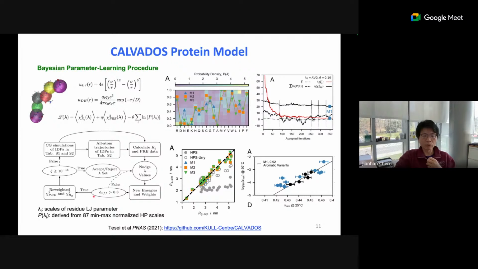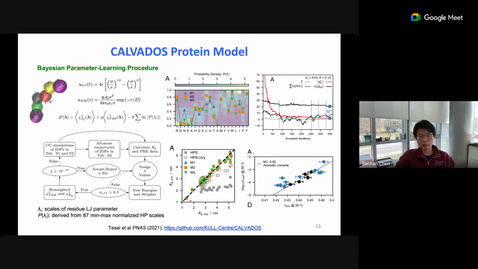So they can use this approach to more rigorously search for optimal parameters. They do multiple runs of optimization, and M1 is essentially just the first generation. They show how the parameters fall into place and how they can improve the ability to reproduce experimental data. On the y-axis is the experimental radius of gyration, or size of the protein, and on the x-axis the simulation.